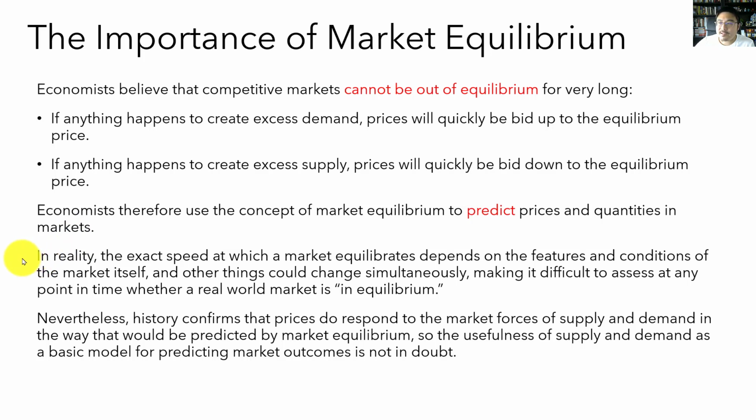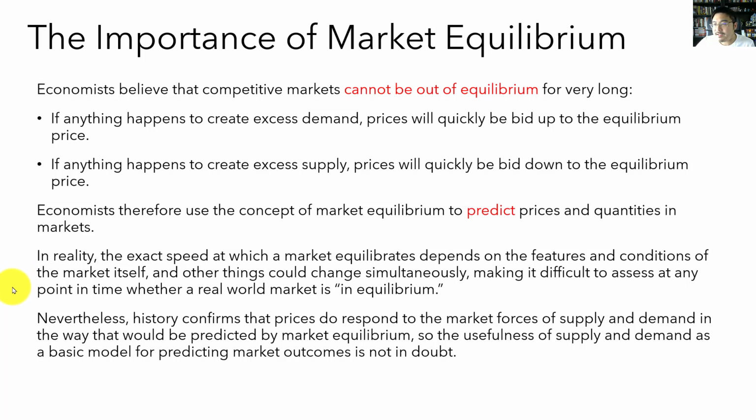Now, of course, the reality is a little more complicated, right? Because the exact speed at which a market equilibrates might depend on the features of the market, or it could depend on the market conditions at the time. And of course, those other things could be changing simultaneously. And so it's very difficult for us to assess at any point in time whether a real-world market is truly, quote-unquote, in equilibrium or not.